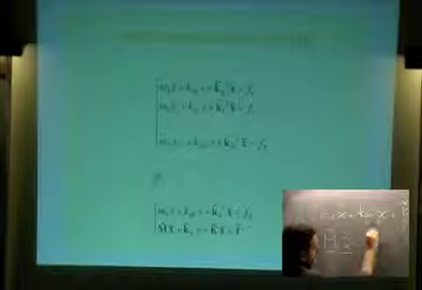And then we have a second equation in terms of the flex variables.